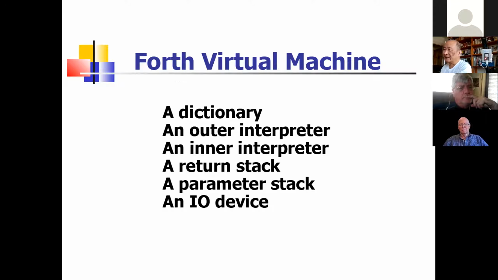And when you encounter a colon definition, a new word is compiled, and a list of Forth words is turned into one new colon word. And the inner interpreter basically interprets or executes the compiled list of Forth words or Forth objects.